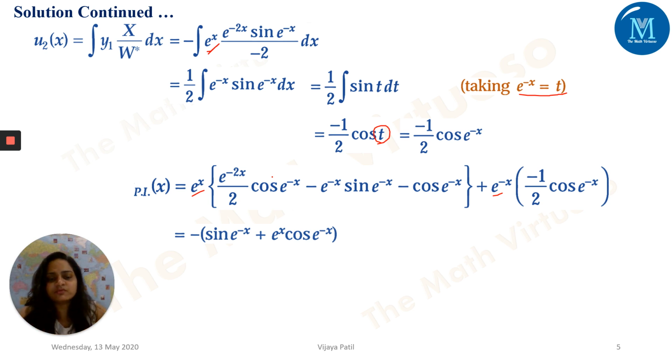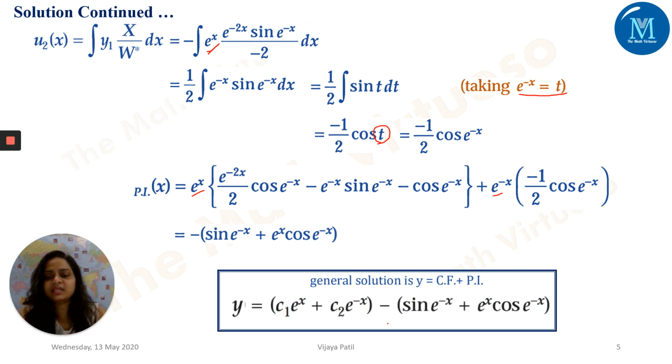Few of the terms will go off, so you can easily say that yp, after rearranging the terms and after cancellation of a few terms, will remain here as minus of sine e to the power minus x plus e to the power x cos of e to the power minus x. And hence the general solution, which is small y, is yc plus yp, and therefore y is equal to C1 e to the power x plus C2 e to the power minus x minus sine e to the power minus x plus e to the power x cos of e to the power minus x.